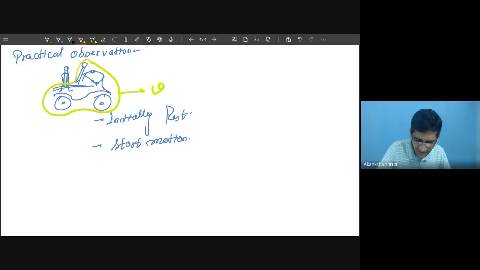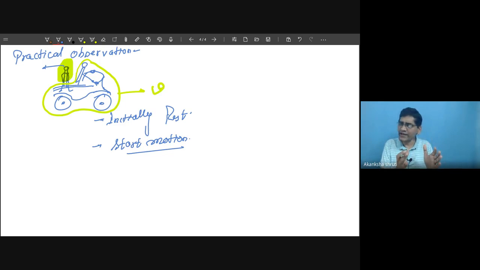So it gains some speed, but the upper portion, this portion, is free. It was initially at rest, so it will try to remain at the same position, but the lower portion, the leg and the lower part, will start moving once the bike started moving, but the head and other parts will try to remain at rest.